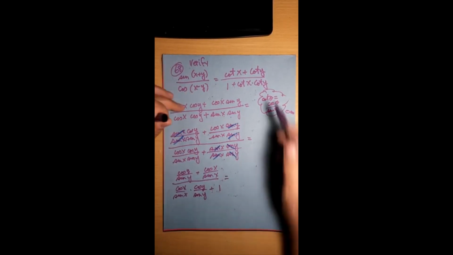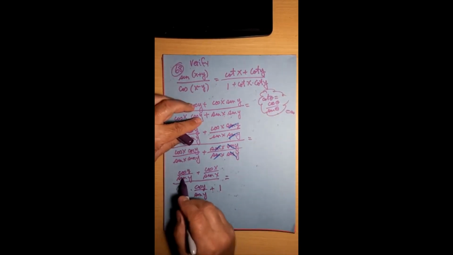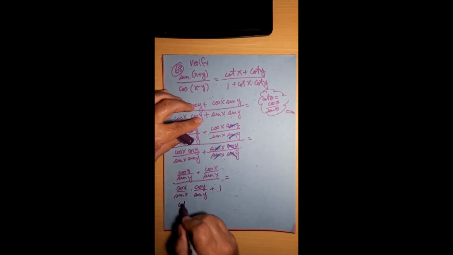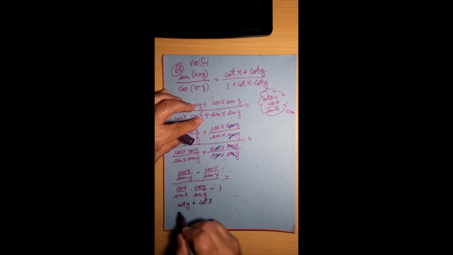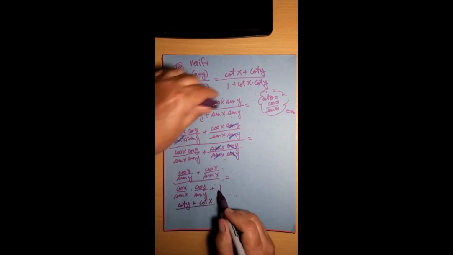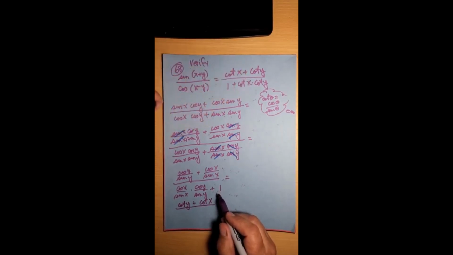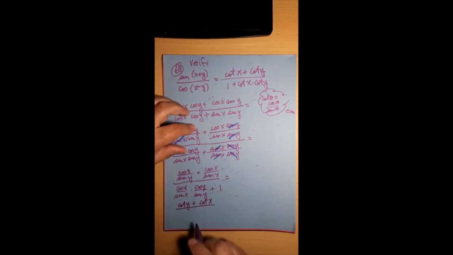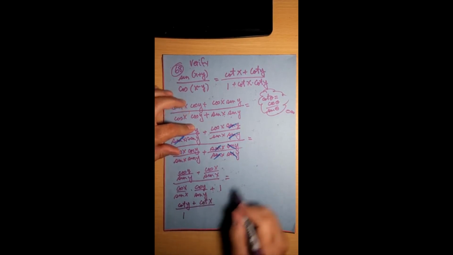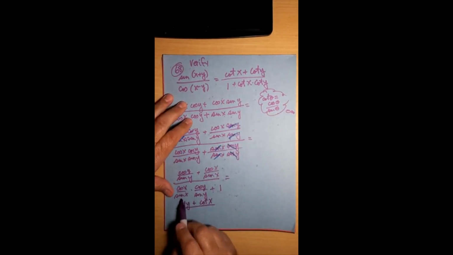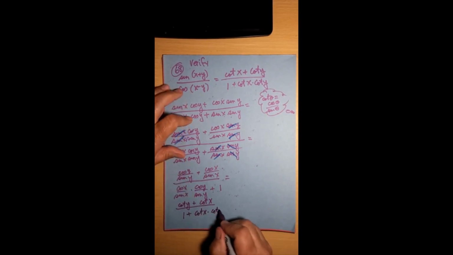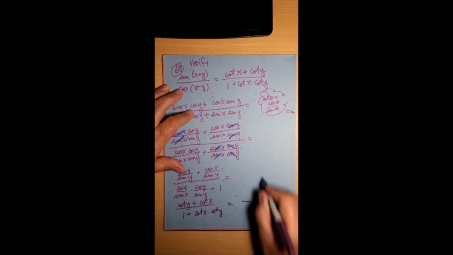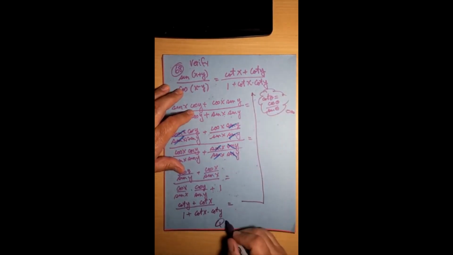And now, because we needed cotangents, this is the cotangent of y plus this is the cotangent of x, over, now I'm going to put this 1 first because addition is commutative, and I'm running out of space. And I need then 1 plus cotangent x cotangent y. And that is what we wanted, QED.